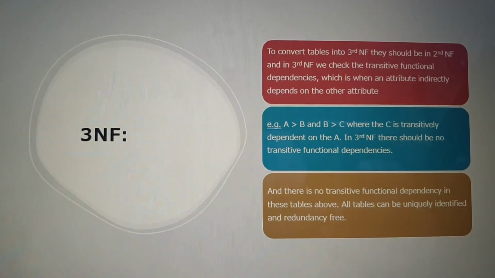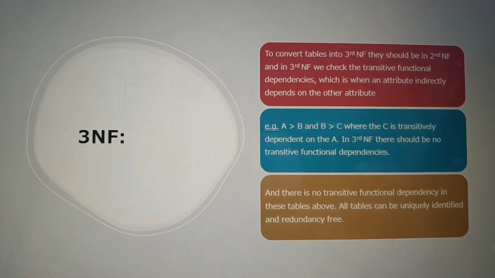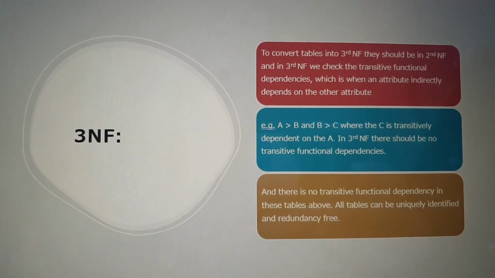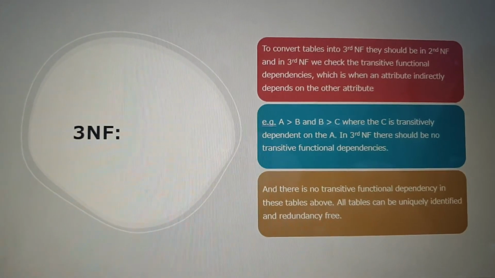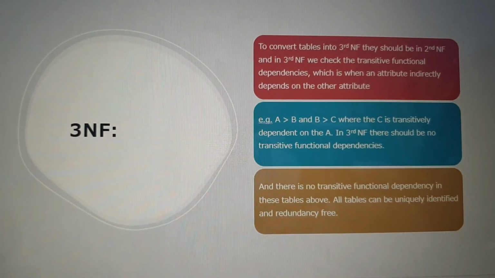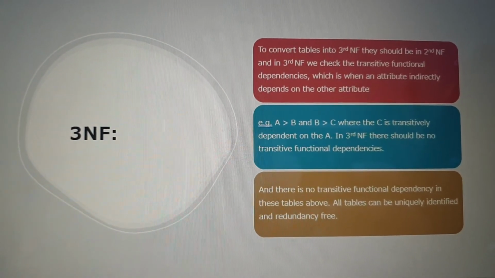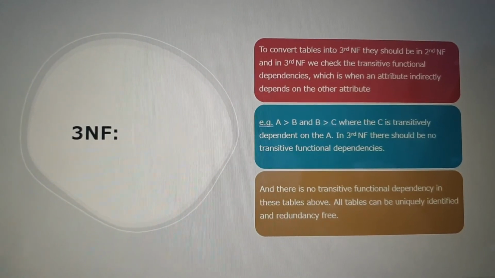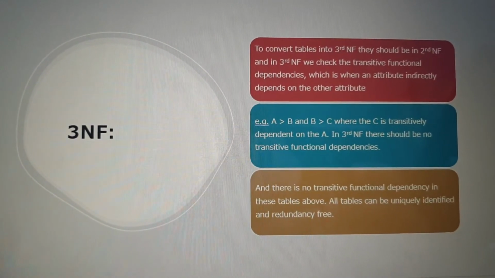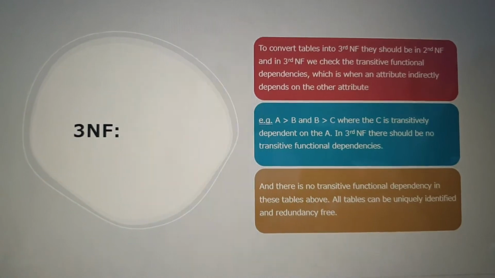To convert a table into third normal form, it should be in second normal form, which we have done before. In third normal form, we check the transitive functional dependencies, which is when an attribute indirectly depends on other attributes.